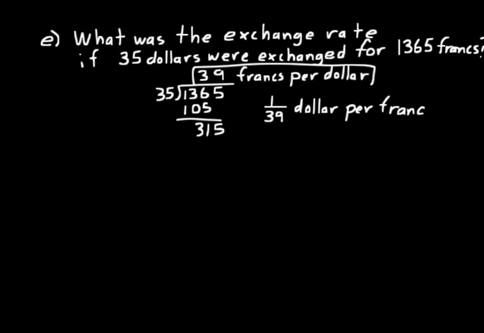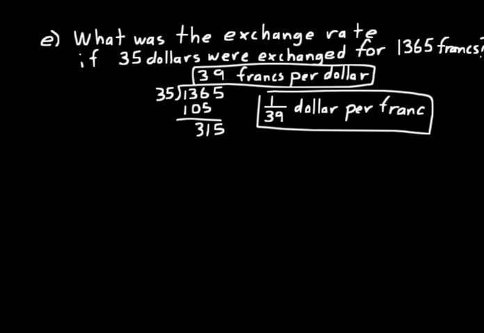And usually in the problems they'll ask you to write it two different ways. The first thing you should do on a problem like that is have your numerator as the larger number and get kind of a unit price. 39 francs per dollar, that means 39 francs for every single dollar. So you just flip that around to get the other way to write the rate, 1/39th dollar per franc.